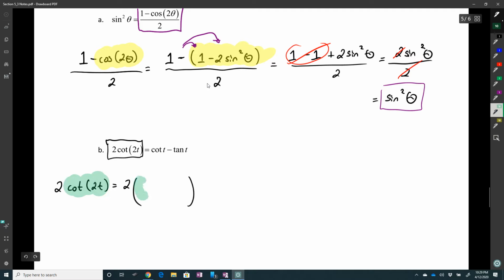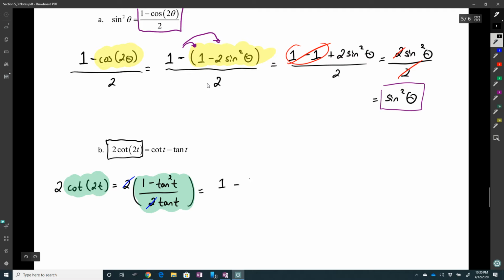So the flipped formula would be 1 minus tangent squared t, over 2 tangent t. Notice the 2's will cancel out.